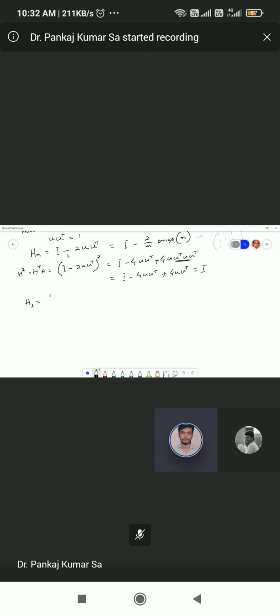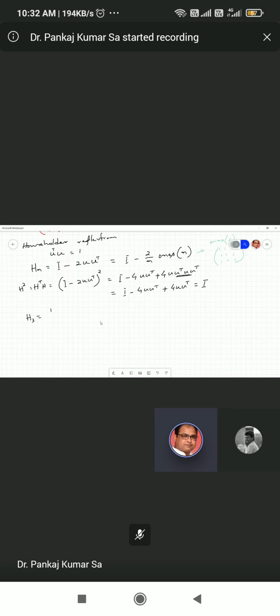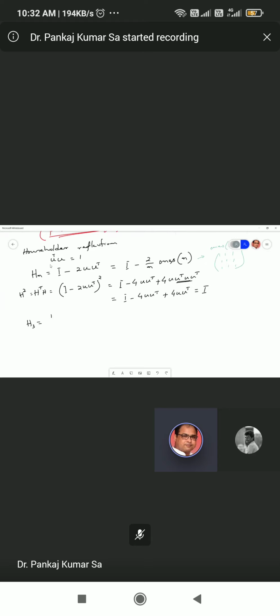No, this is wrong actually. U is a column matrix and this is a row matrix. A column matrix, row matrix cannot be one. So this is actually U transpose U. Now this is correct. Row times column becomes a scalar quantity. Yeah, that's a mistake actually.